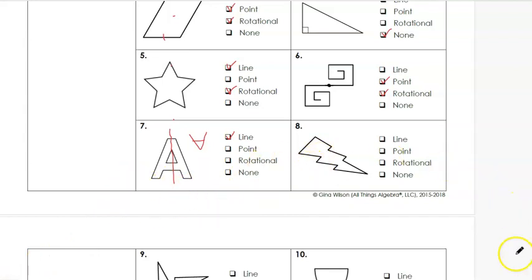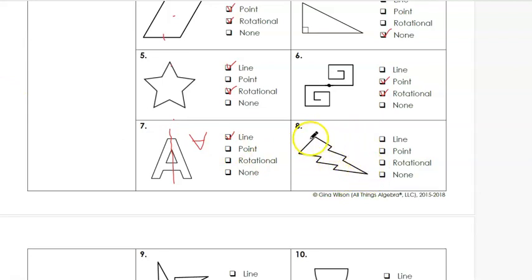All right, so for number 8, testing for line symmetry, can't get there with a vertical line. Doesn't happen with a horizontal line. There are no diagonal lines that would create sameness, mirrored image. So line symmetry definitely doesn't exist. If I rotate 180 degrees, which is the point symmetry test, just think about this flipped over, upside down.